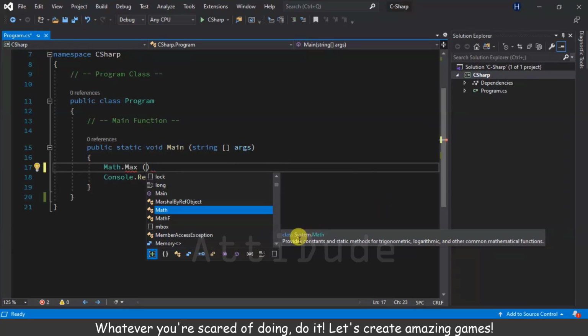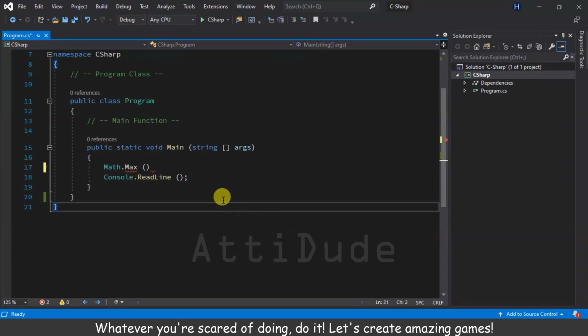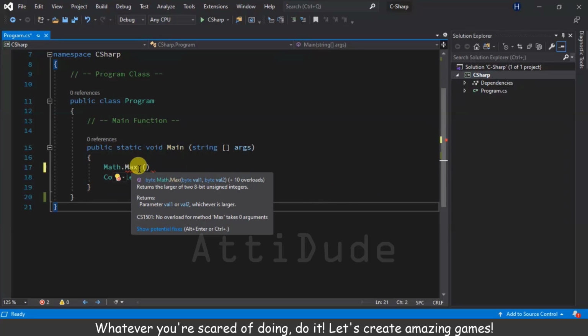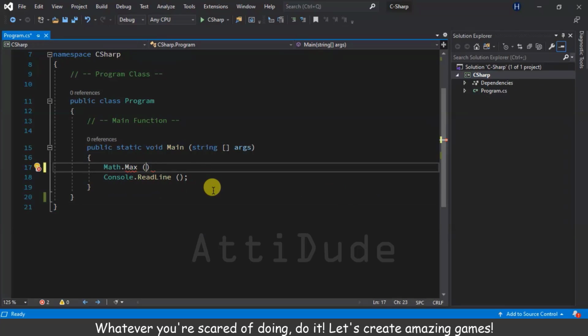And in here you can see the summary, or the comment, says it provides constants and static methods for trigonometric, logarithmic, and other common mathematical functions that of course we need.